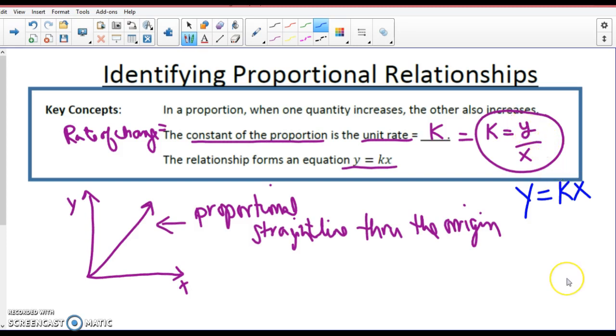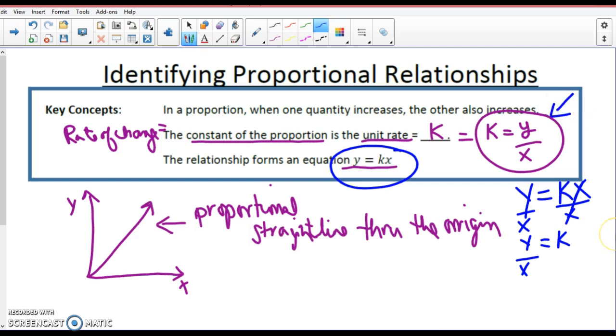These two things are just different forms of the same exact equation. Because look, what if I divide both sides by X? Don't I get K is Y over X? They're the same equation. This one is how you actually write an equation of the relationship. This is how you find the constant of proportionality. But they are different versions of the same exact thing.